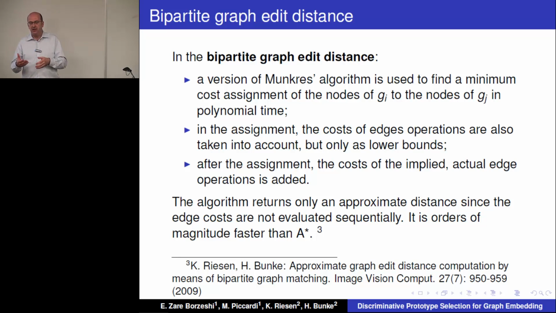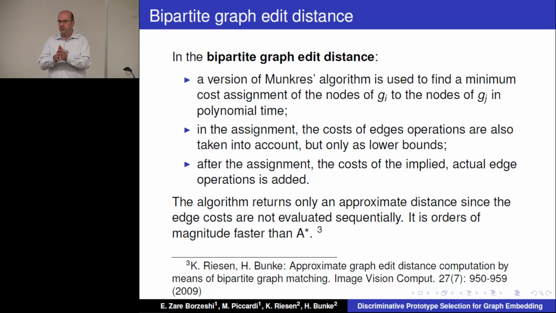After you've done that, you can actually compute the real cost for edges, but you don't take them into account in the selection of the edit path. Because if you take into account edge operations, then the edit path selection goes back to sequential, and you go back to algorithms like A star and best first search. This is not a sequential algorithm.